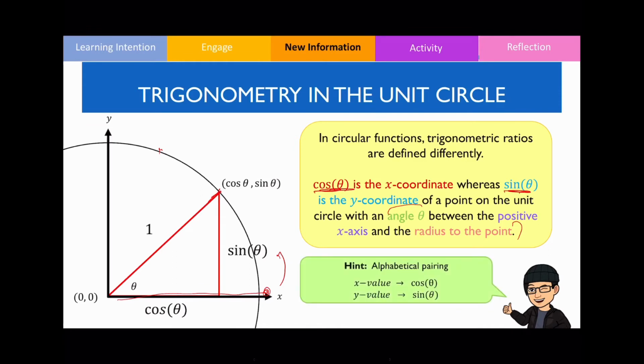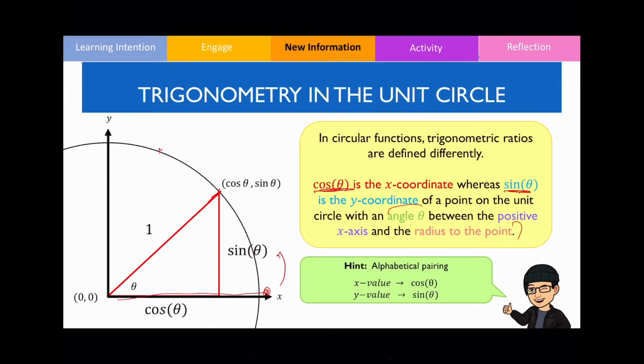So in order to help you memorize whether x is sine or cosine, this is my useful tip to you guys, okay? We know that in the alphabet, x goes before y, right? Similarly, you can use that relationship to see whether x corresponds to sine or cosine.